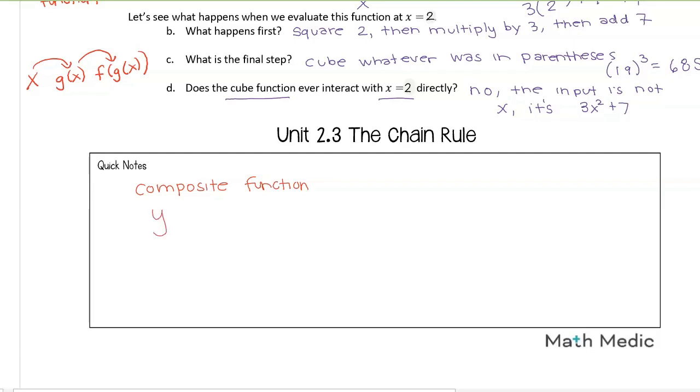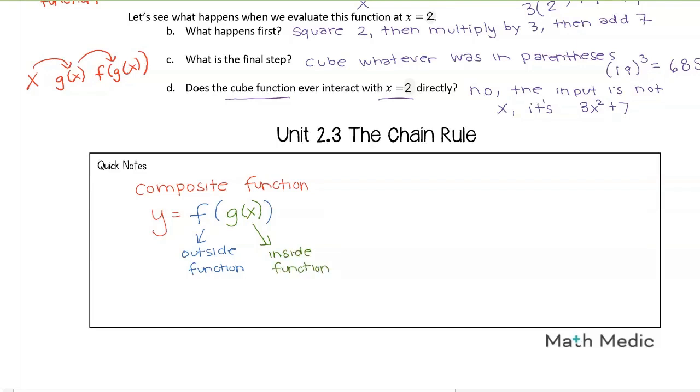That's going to be y equals f. And then instead of having an x inside the f, we will have a g of x. The f is going to be the outside function, and the g will be the inside function.